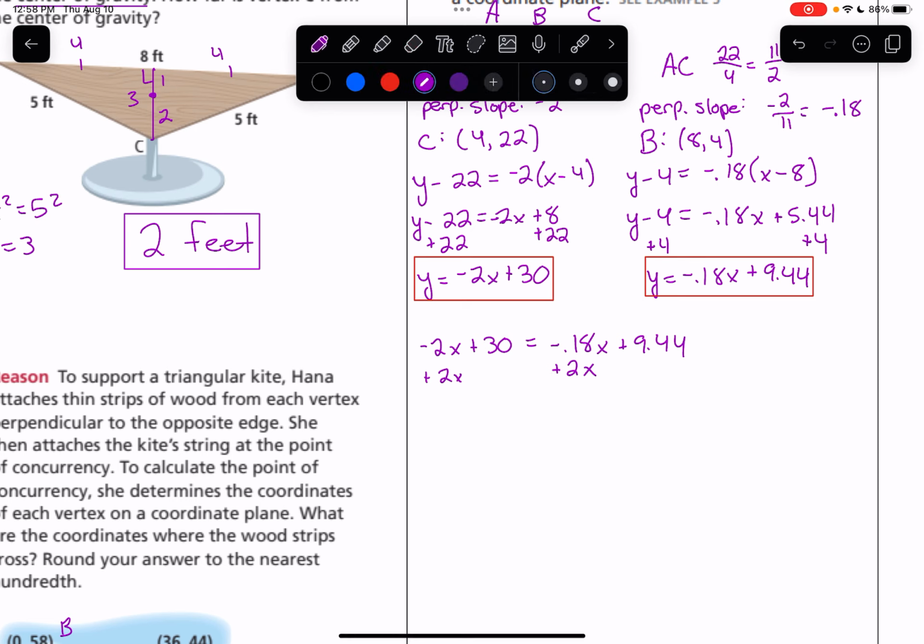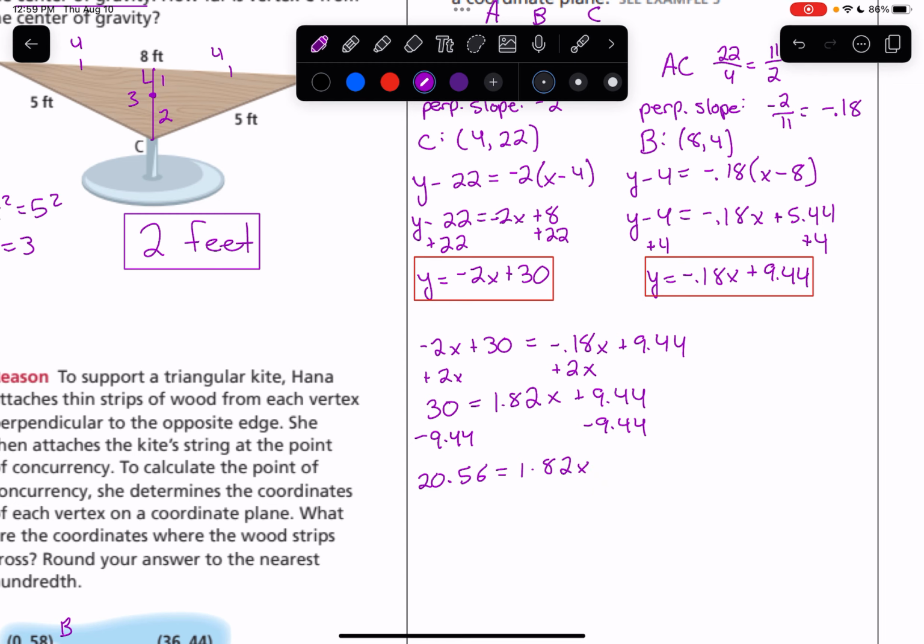We've got negative 2x plus 30 equals negative 0.18x plus 9.44. Adding 2 is going to give me 1.82. So 30 equals 1.82x plus 9.44. That's better. And then I'm going to subtract 9.44 from both sides, which gives me 20.56 equals 1.82x.